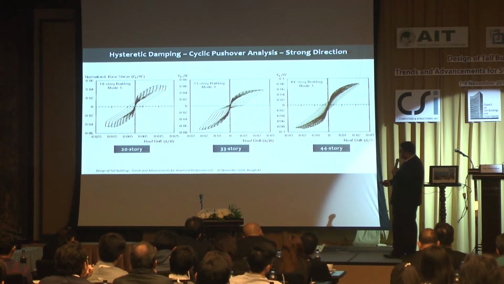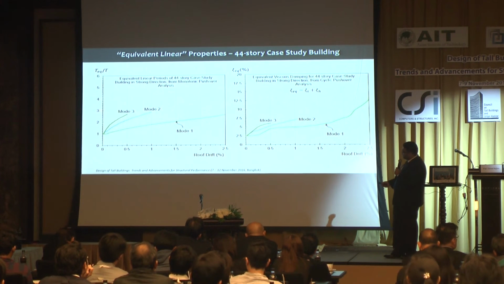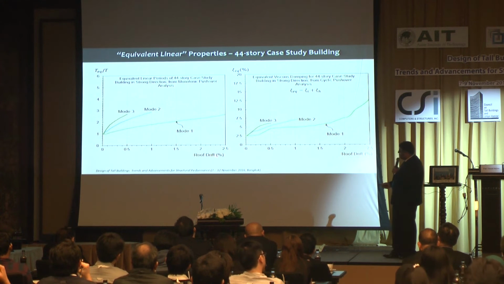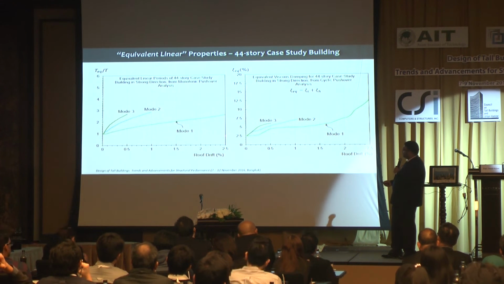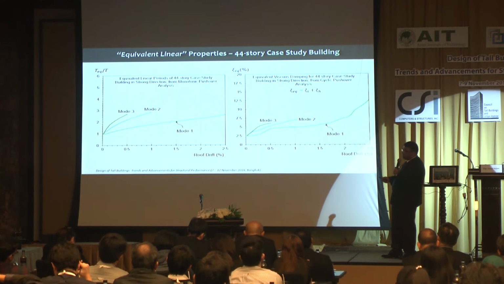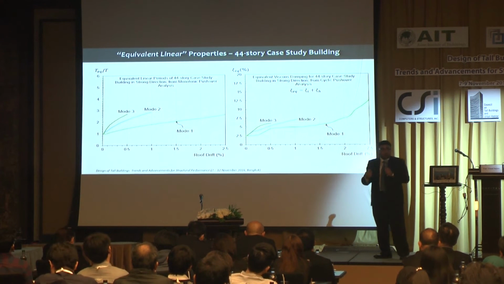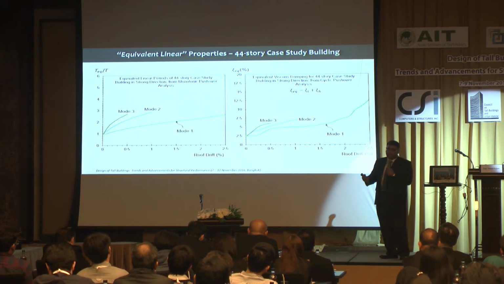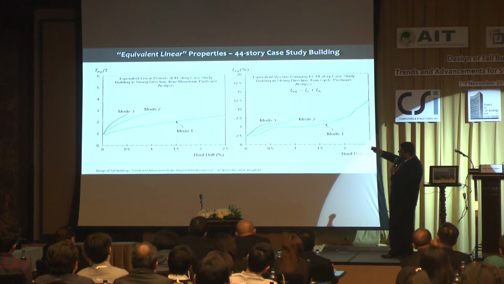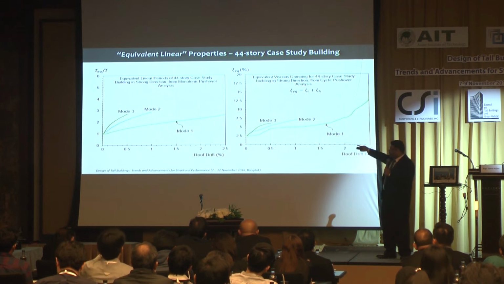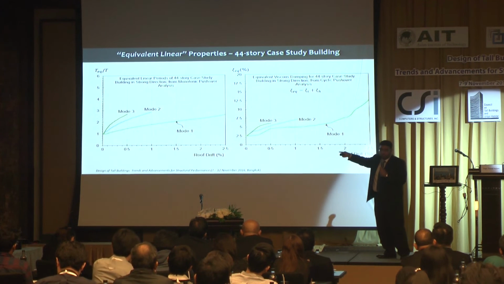So we came up with these kinds of curves, which show, for example, the elongated period normalized to the initial period versus roof drift ratio for the first mode of this building. So using these curves, which we convert from pushover analysis, both monotonic and cyclic, we can estimate how much the period will be elongated at what roof drift for each mode.